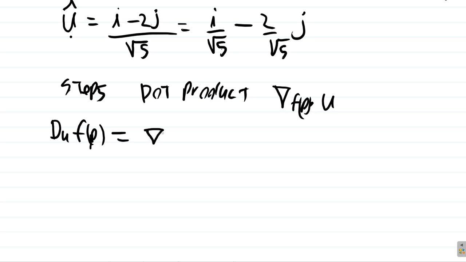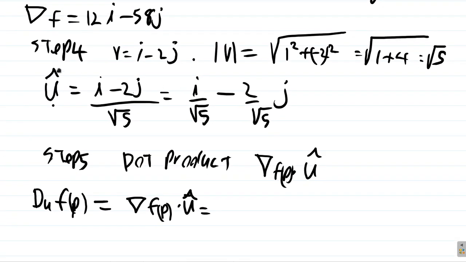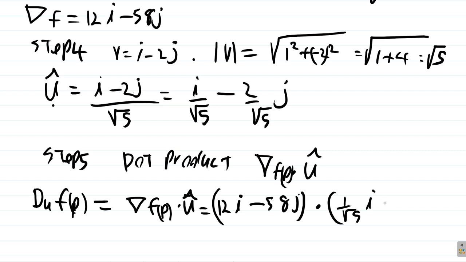So it's going to be the gradient vector at p dot unit vector. So here, the gradient vector, what was it again? 12i minus 58j, dot 1 over square root of 5 i minus 2 over the square root of 5 j.